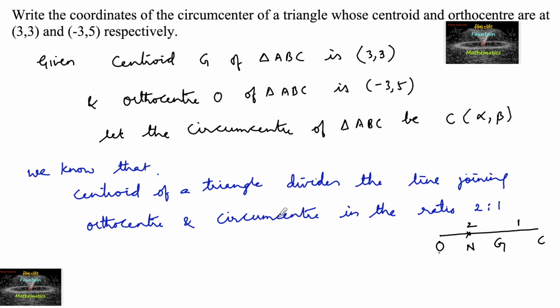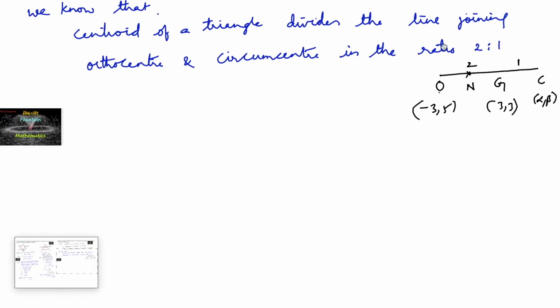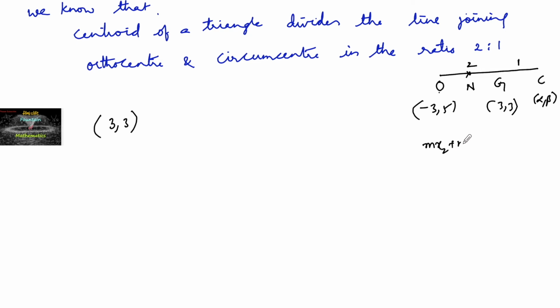Okay, now let us see this. Here orthocenter is given, (-3, 5), and centroid is given, (3, 3), and let the circumcenter be (alpha, beta). So let us solve this. We have (3, 3), by using the section formula, (mx2 plus nx1) upon (m plus n), (my2 plus ny1) upon (m plus n), which is a formula for centroid.